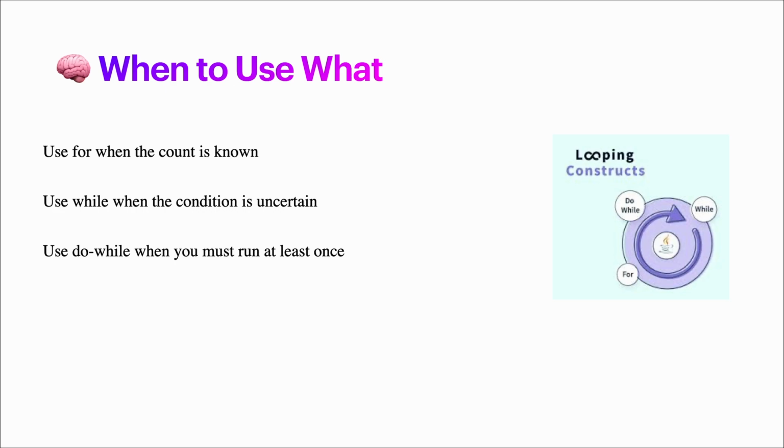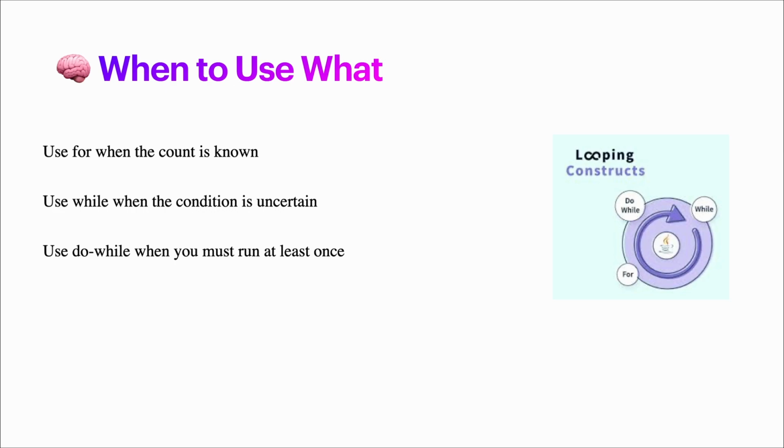The condition is uncertain because you could stop working at any time. I'll explain everything in detail. We use the do while loop when you must run at least once.